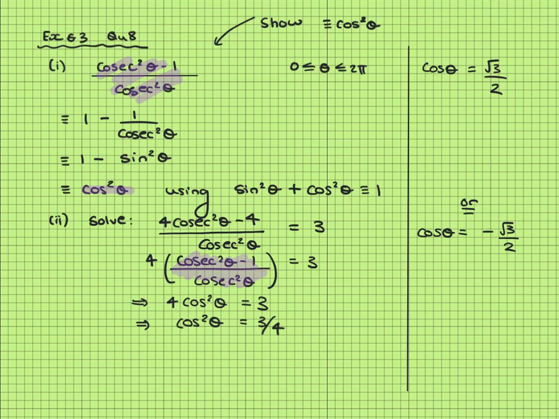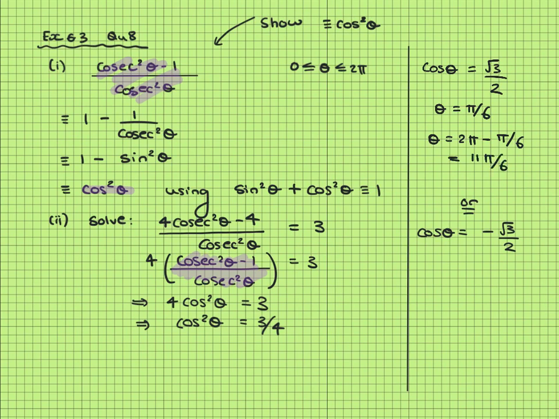So checking that we are working in radians, inverse cosine of √3 over 2 gives us, of course, theta equals pi by 6. And we then have to find our other answer to this, which is theta equals 2 pi take away pi by 6. Using a trig graph, we can work that out quite easily. So it's 11 pi over 6.